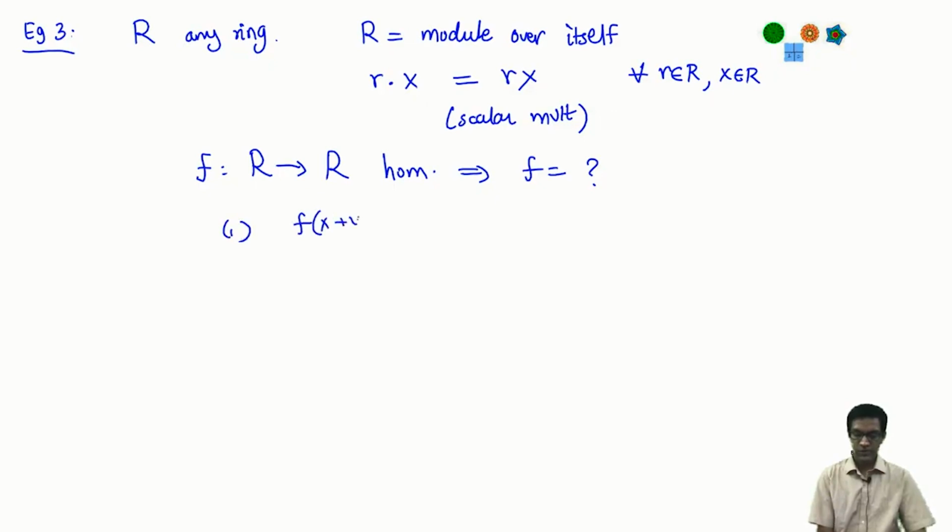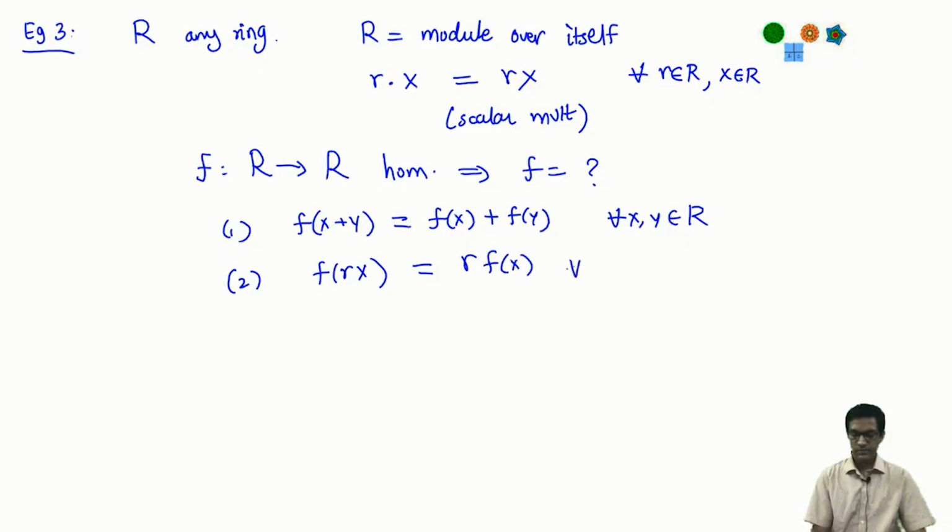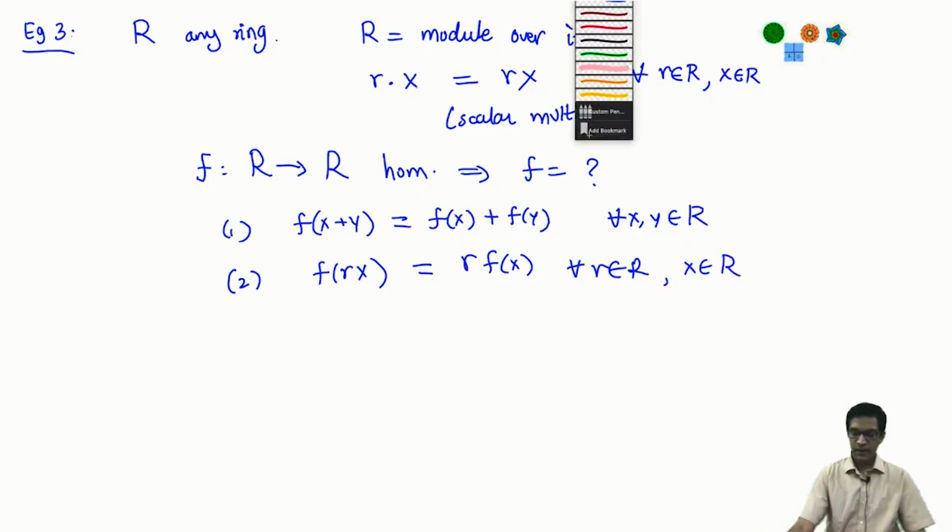A homomorphism means f of x plus y is f x plus f y for all x, y in R. Property 2 says f of r x is r f x for all r, x in R.